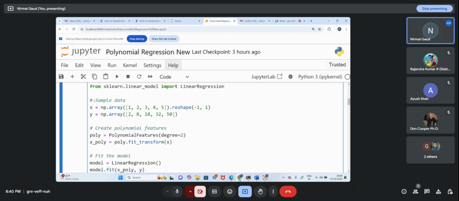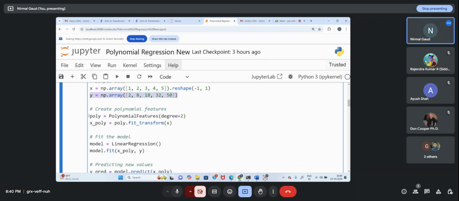Let us suppose this is your data and this is the target. Okay, and we are checking whether a polynomial relationship of degree 2 exists in the data or not.